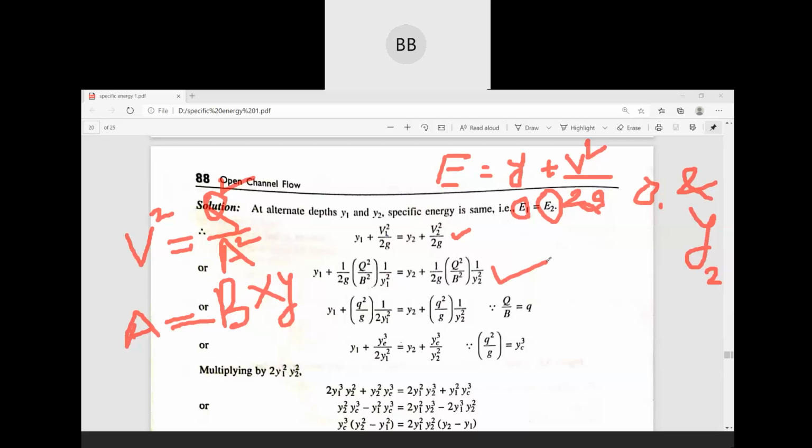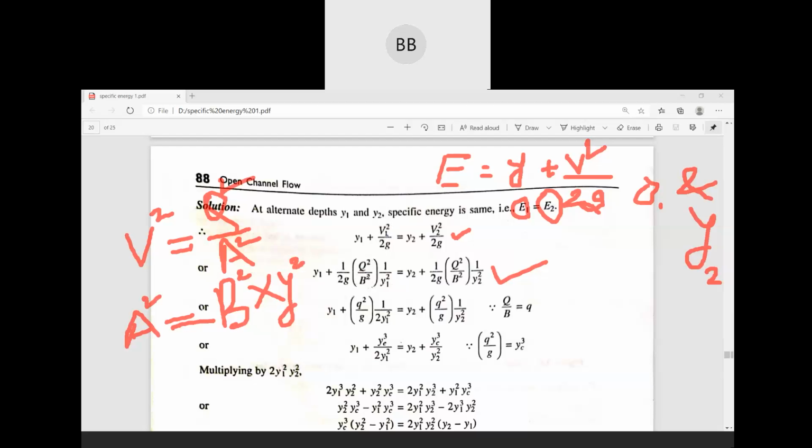Then you write this expression. Here y1 will be the same, plus 1 by twice g. In place of v, we have written q square by a square, and in place of a square you can write b square multiplied by y square.